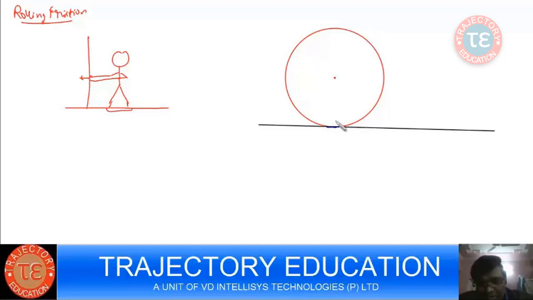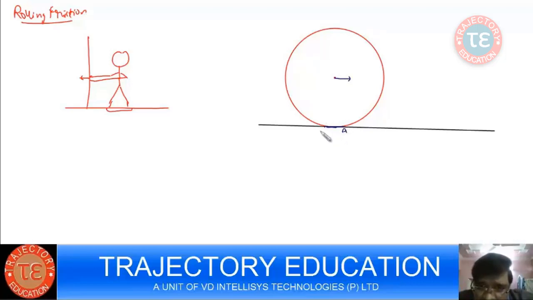That's what we mean to say, because you have a normal reaction acting at this point and the wheel applies a normal reaction on the ground in downward direction. Due to this force of interaction, the wheel is bound to get deformed. Now when you have this plane of contact, what is happening is, when the wheel is moving in this direction, it's pressing this point harder, and this point is about to get lifted.